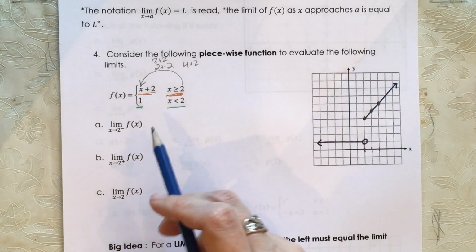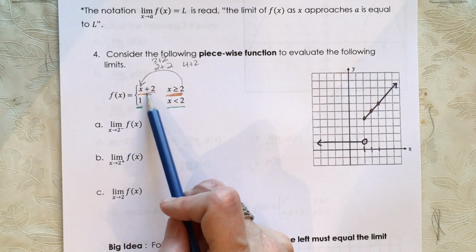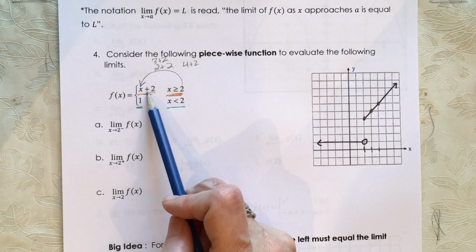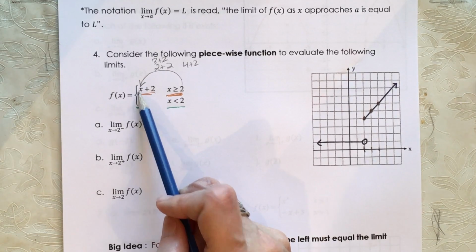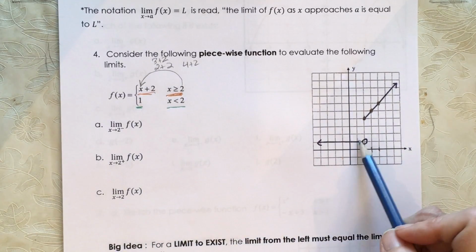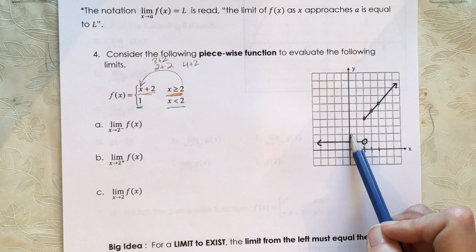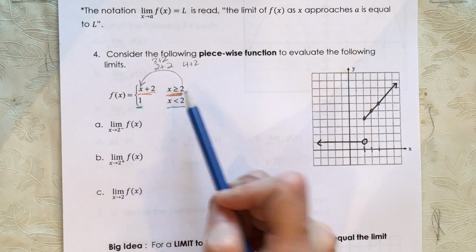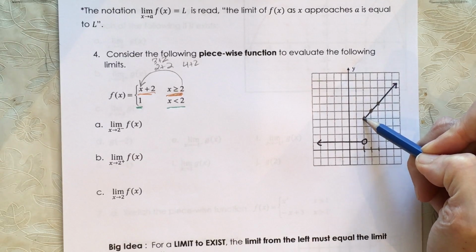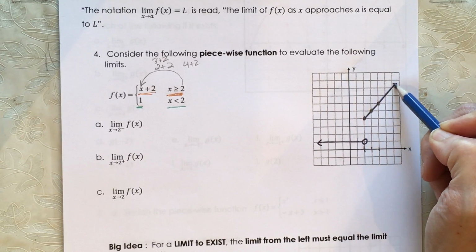Which makes sense, because if we look at x plus 2, we can see that that's a line with a slope of 1 and a y-intercept of 2, but we don't actually have that y-intercept of 2 because x is not allowed to be 0 for this part of the function. So eventually, once we were convinced of it, we could draw in this branch of the function here.